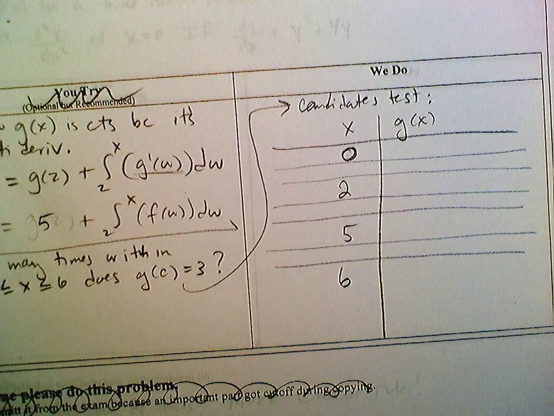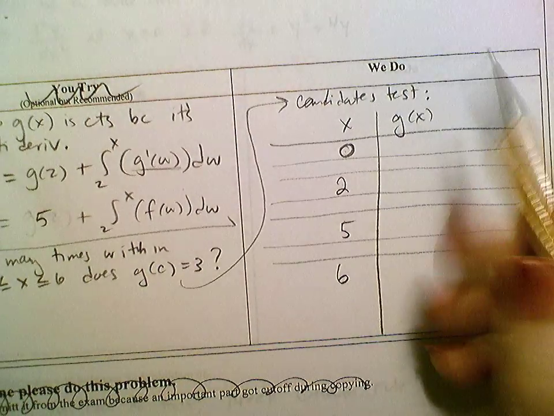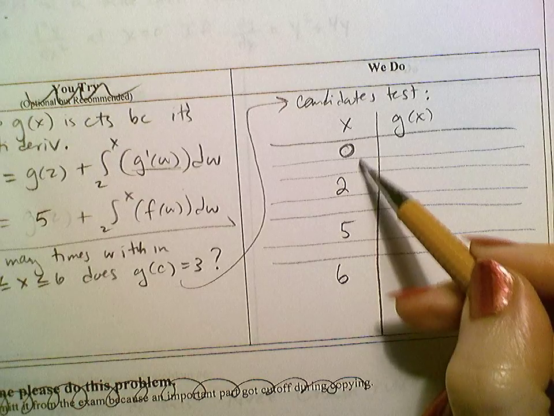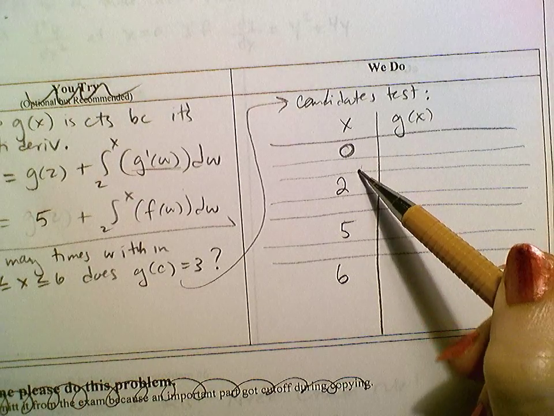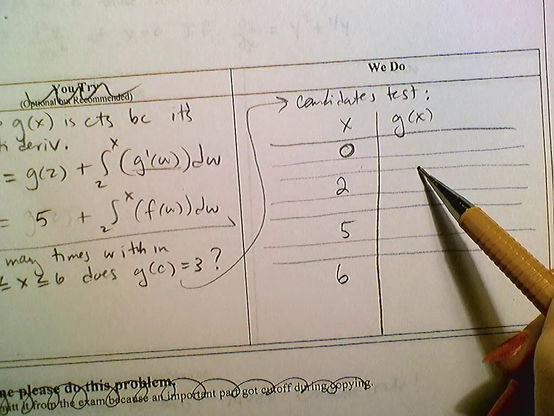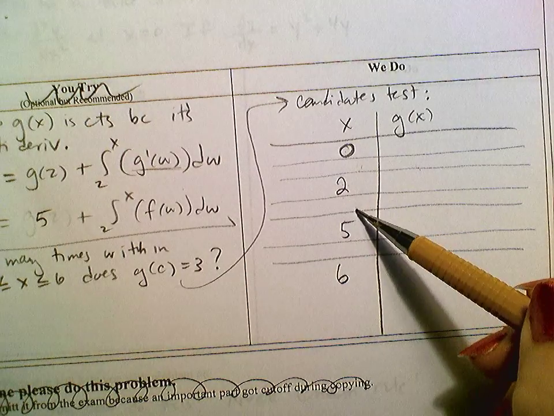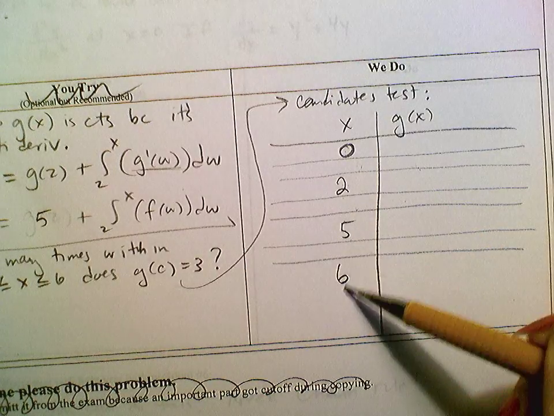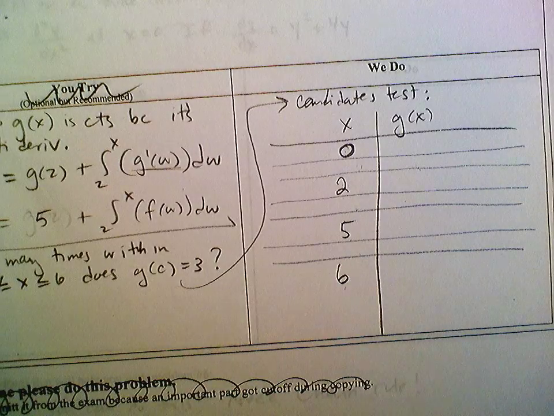Okay? All right, now the reason I do this is because there are values between here. There are values like between 0 and 2. There are infinitely many x values that give us a corresponding y value. And same between 2 and 5. There's infinitely many inputs that give us a corresponding output. Between 5 and 6, infinitely many, and no gaps either. This is a continuous function.